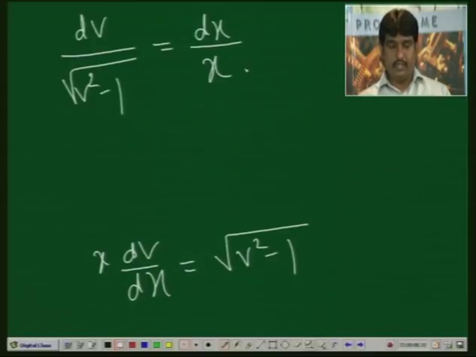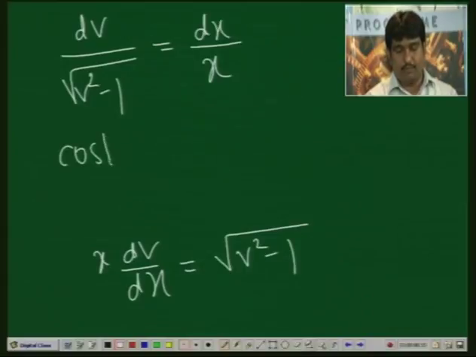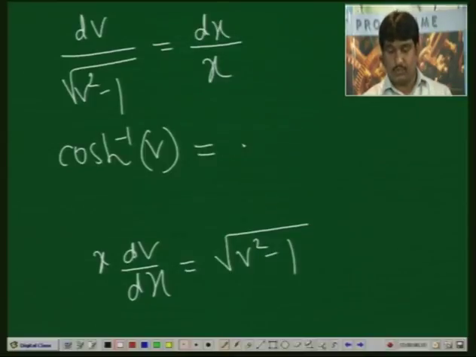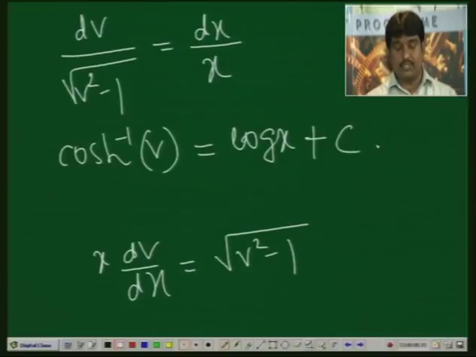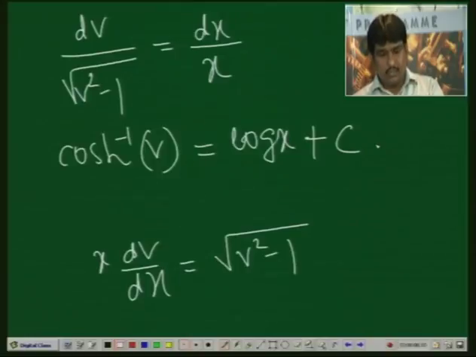Now, you have to integrate it. It is root of x square minus 1, and you know that the integration of 1 by square root of x square minus 1 is cos hyperbolic inverse of x. So this part is cos hyperbolic inverse of v, that equals the integral of dx by x. The integration of 1 by x is log x plus some arbitrary constant c. If you don't want to write this in terms of cos hyperbolic inverse, you can use the alternate formula.